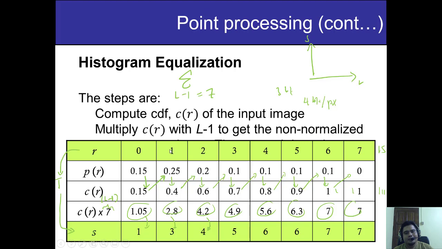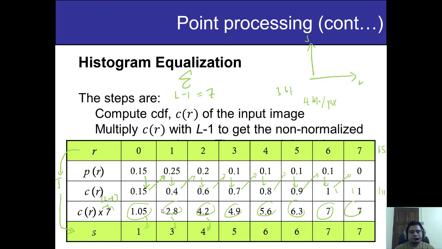If R equals 1, S equals 3. Actually, that is the transformation function that you have produced from the operation of the cumulative distribution function, which is the process involved in histogram equalization.